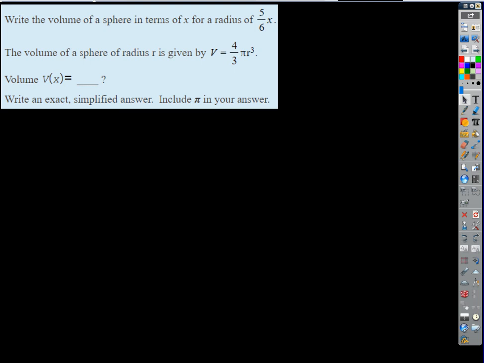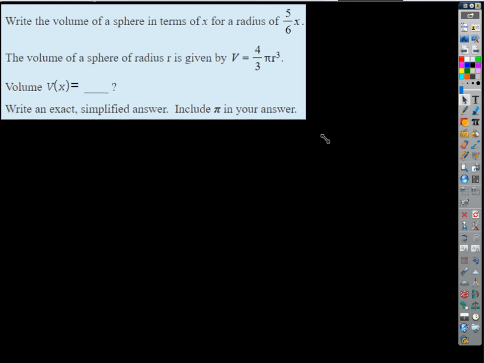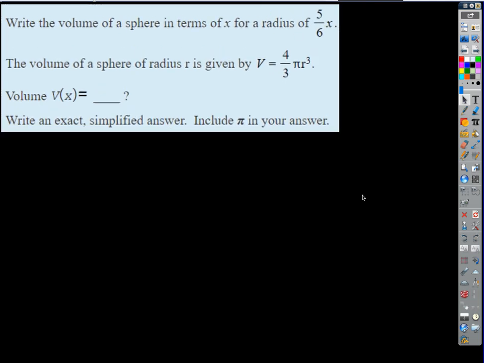What am I going to do in a problem like this? So we're dealing with functions, and a natural outgrowth of functions is the graph of functions. We're going to do a lot more with this in the future, but we just want to make sure we're clear with all the concepts. So if I have the volume of a sphere, and I know that the radius is given by 5 - 6x, what would I have to do if I wanted to write volume as a function of x?